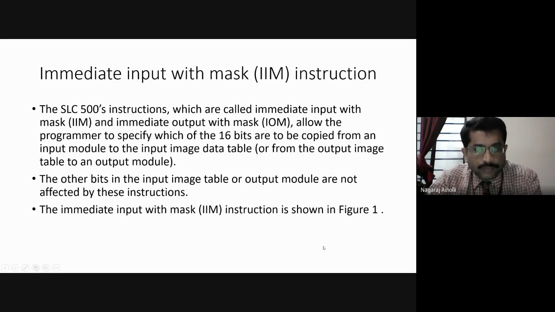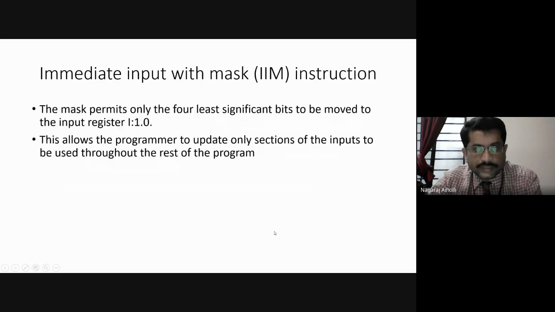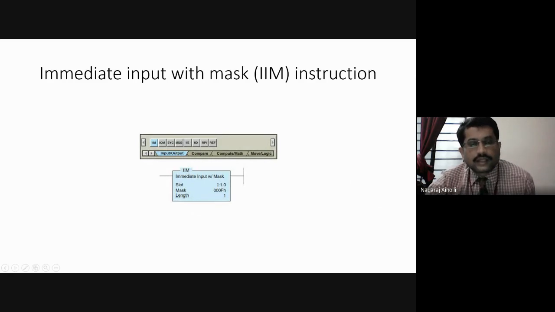The immediate input with mask instruction is as shown in figure 1. In figure 1, they have shown the immediate input with mask instruction. This is the IIM instruction block. This is the tab which shows the IIM instruction.